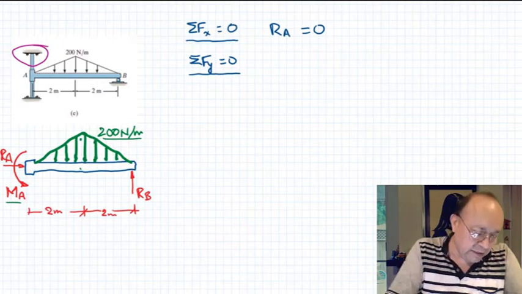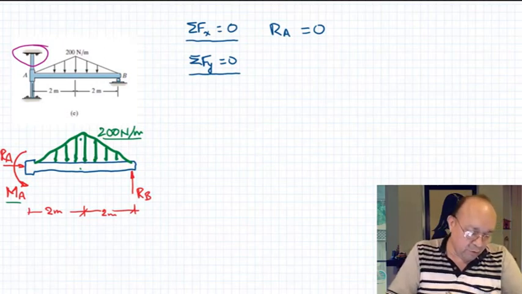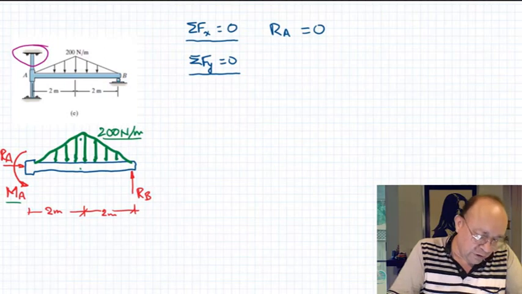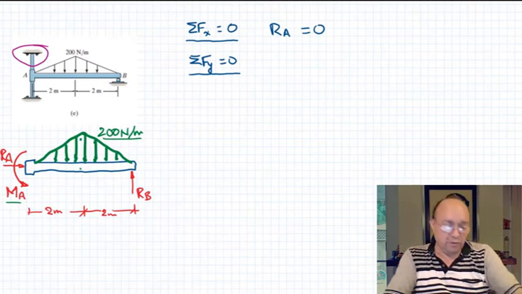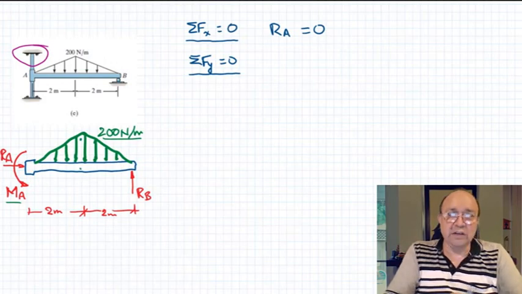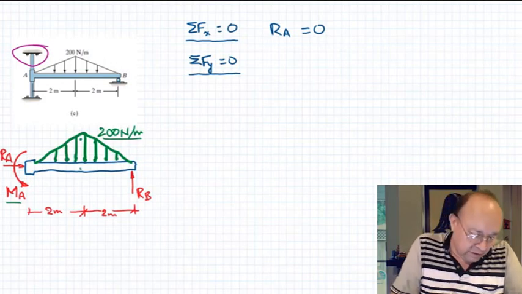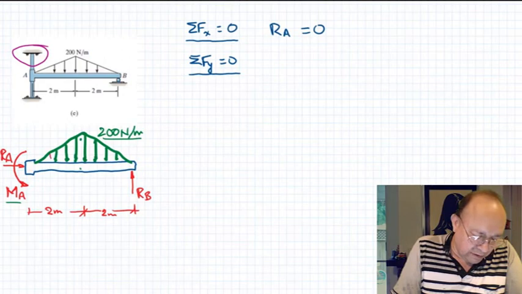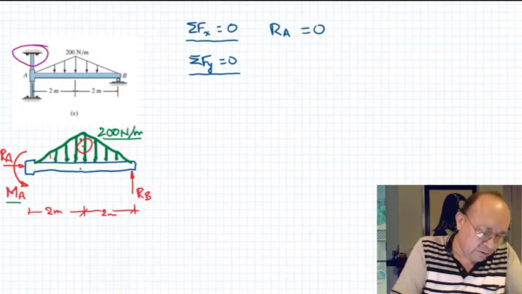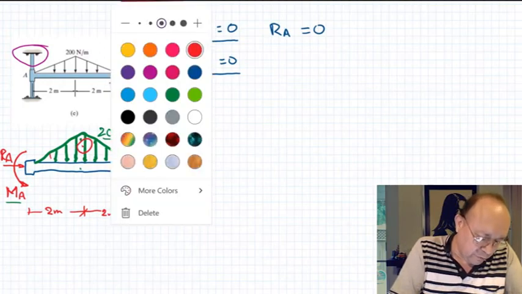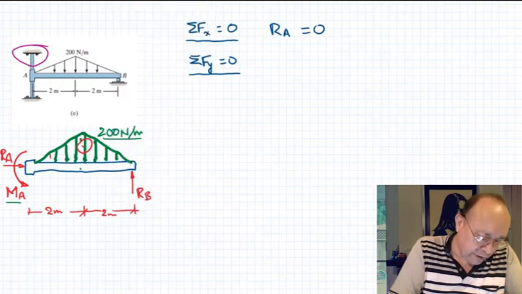And we just learned that what we do is we put an equivalent force that is going to have as magnitude the area of the distributed load and the location, the center of gravity of the distributed load. Since this is a triangle that is symmetric horizontally, the center of gravity is going to be right in the middle. So this is where we can put the equivalent force.